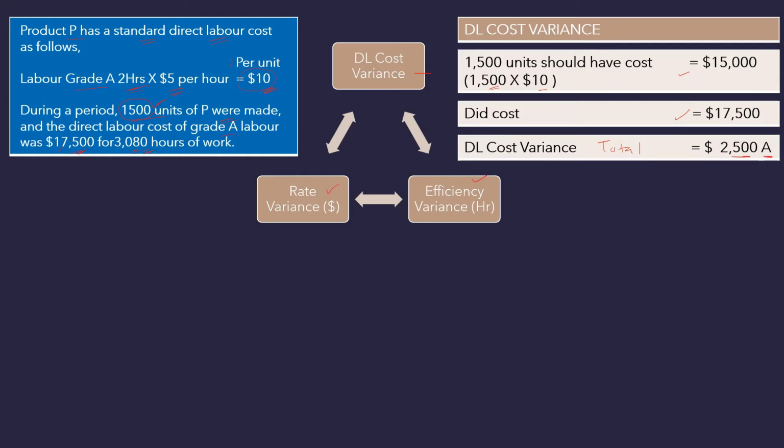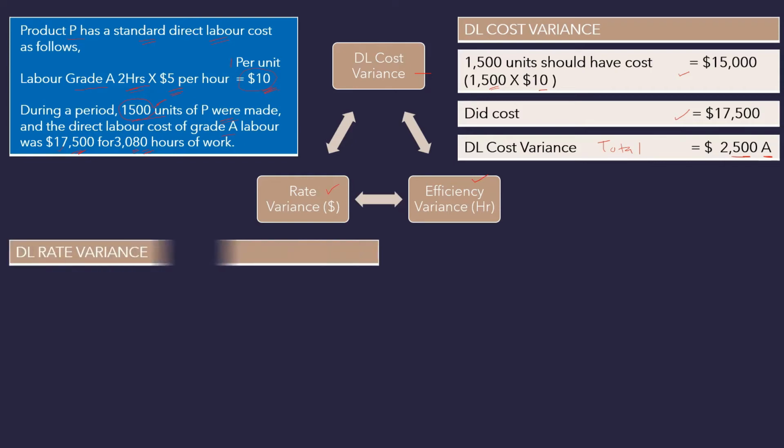So first of all, we look at the rate variance. How do you calculate the direct labor rate variance? Basically, you need to compare the standard cost incurred on actual hours with the actual cost.